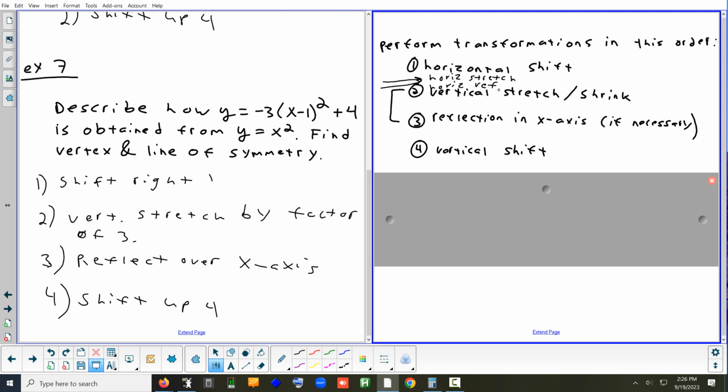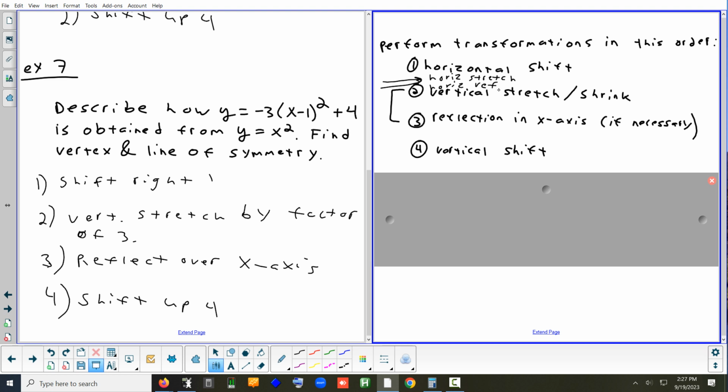So you basically handle all the horizontal stuff first. Then you handle all the vertical stuff after it. This is a vertical stretch, vertical reflection, vertical shift. I won't complicate it, but you could technically switch the order I wrote, the stretch and the reflection, for horizontal. But again, you're not going to have to worry about that in this section. But that's where it would be.